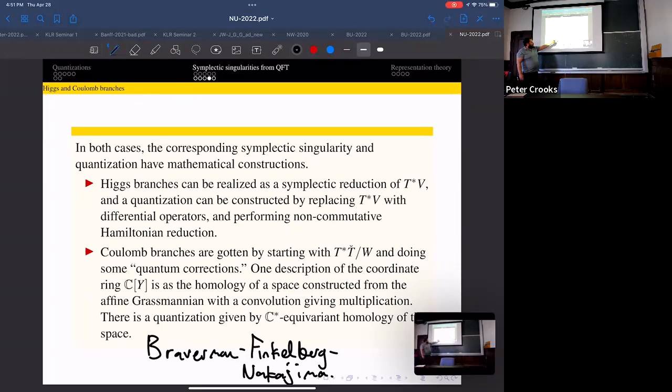But it ends up being the homology of some space constructed from the affine Grassmannian. And we had talked about how this quantization comes from turning on an S1 action. So there's a loop S1 action, or a loop C star action, on the Grassmannian, and you get the quantization by taking the equivariant homology perspective. And it really is directly physical. There's some actual physical thing going on, where you have some three-dimensional picture.